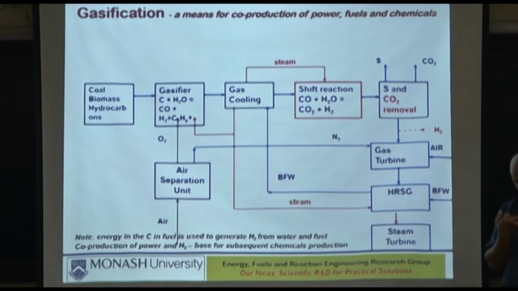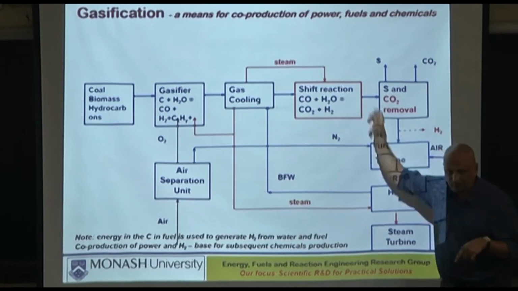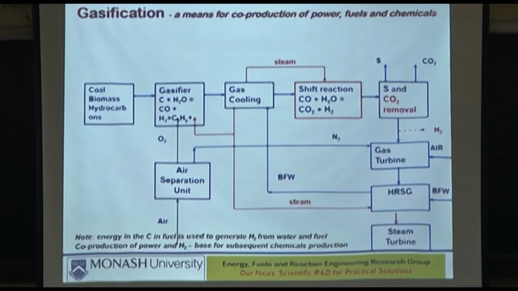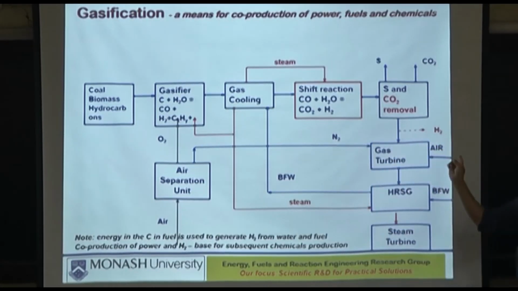That's another disadvantage. If you look at the shift reaction, which is actually a reversible reaction, I should have shown the reversible sign in here. If temperature increases, the reverse reaction becomes prominent, so you will be getting a lot of unconverted CO. But if temperature decreases, the reaction will proceed in the forward direction, which means you will get a lot of hydrogen.